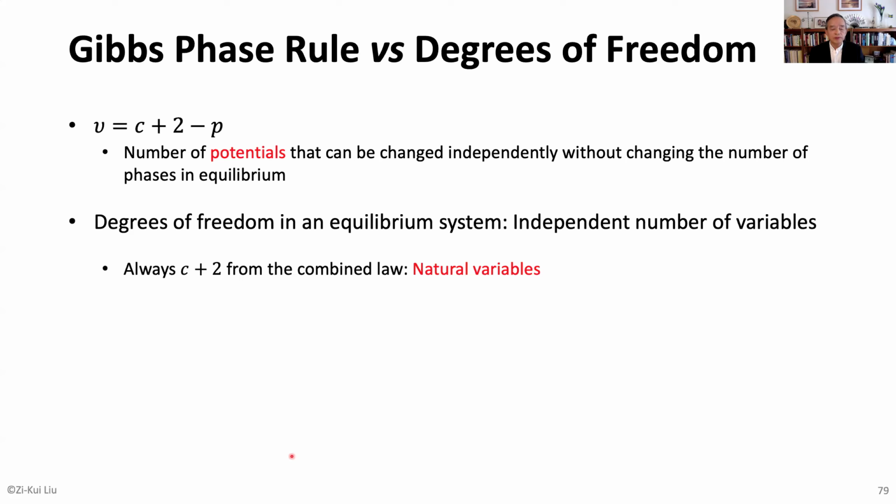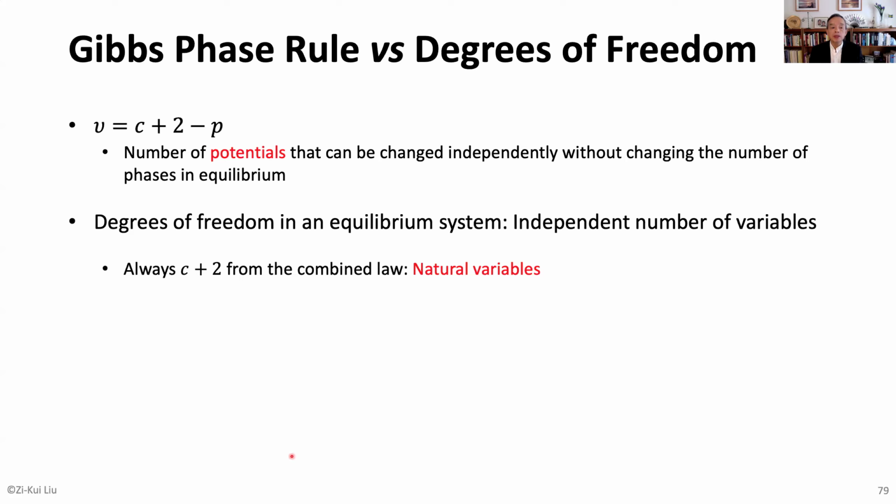However, degrees of freedom means what you can change freely, that is, the independent number of variables in a system. For a system with C components plus temperature and pressure, there are always C plus 2 degrees of freedom you can change. That's represented by the natural variables in the system, or in the combined law, where we always see C plus 2 independent variables.